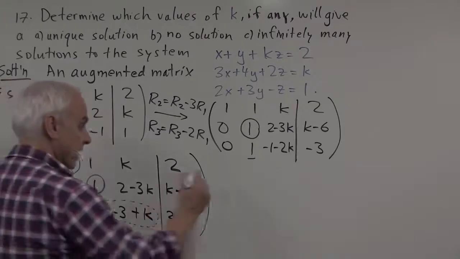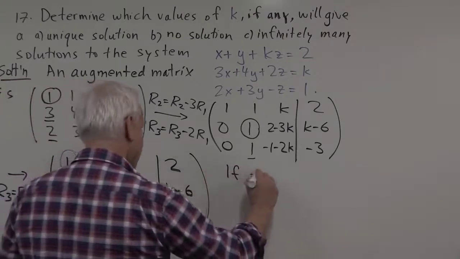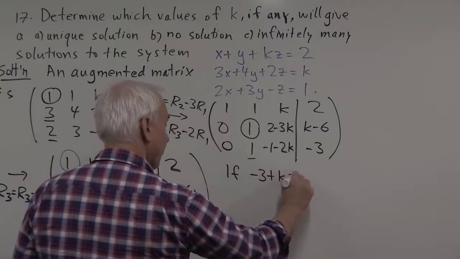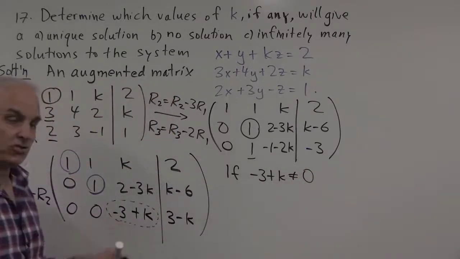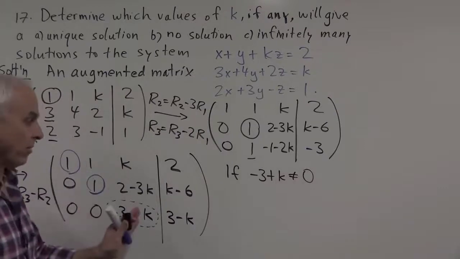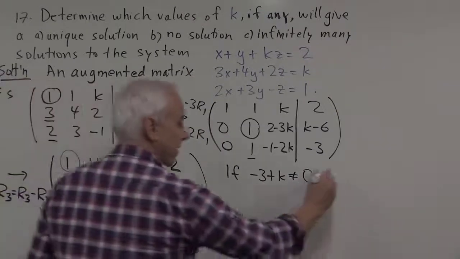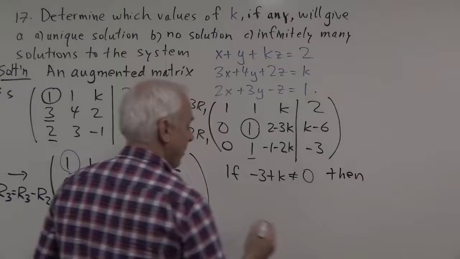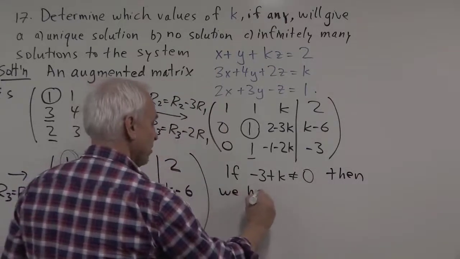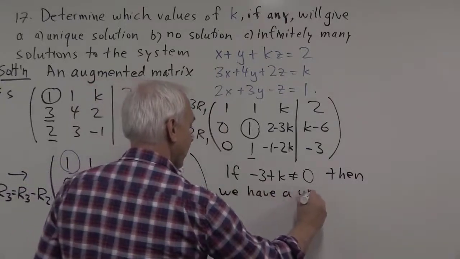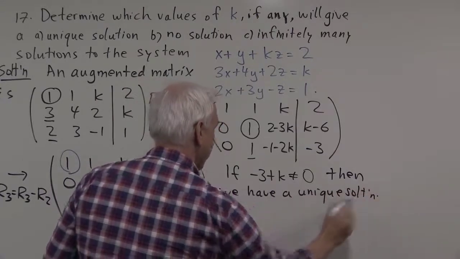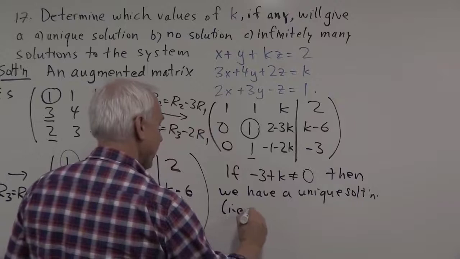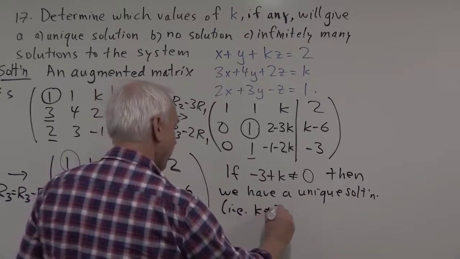So we can say that if minus 3 plus k does not equal 0, then this is a leading entry, and we have 3 leading columns, which means we have a unique solution. So in other words, that's the case when k does not equal 3.